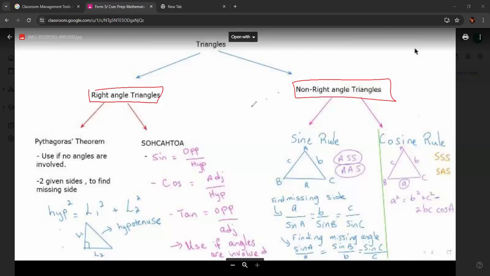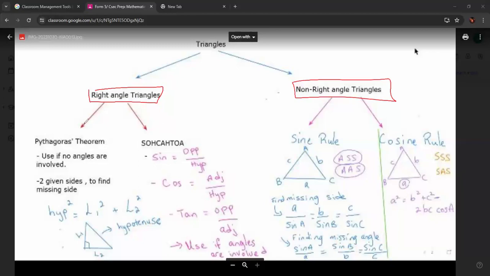So when you're thinking about the rules, this is the mind map that you're going to follow. If it's a right angle triangle, you have two categories or two forms in which we can work out, and it depends on what they want us to work out.